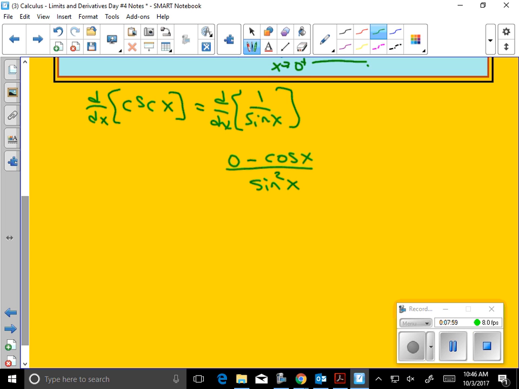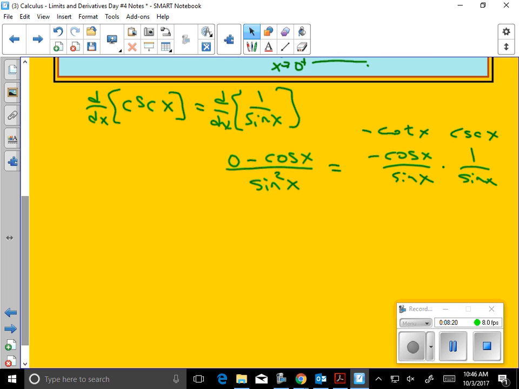Yeah, right? Because all this is negative cosine x over sine x times 1 over sine x. That's cosecant. That's cotangent. Right? Same thing.